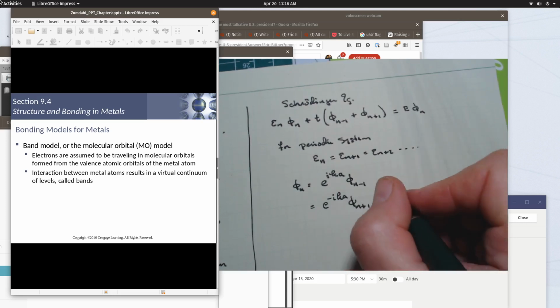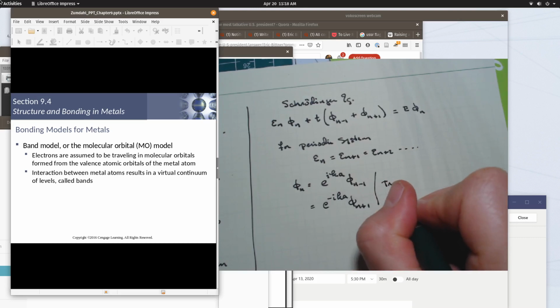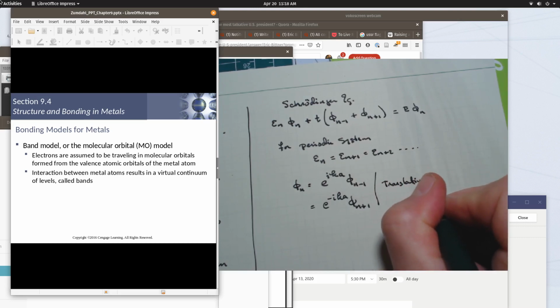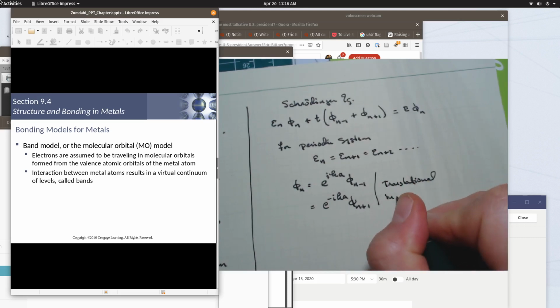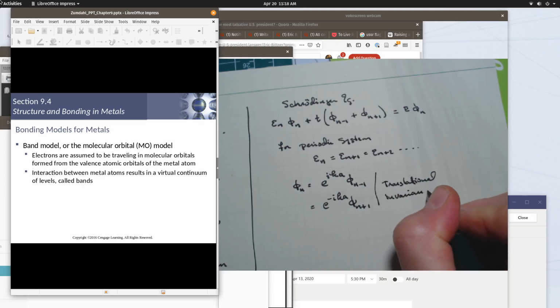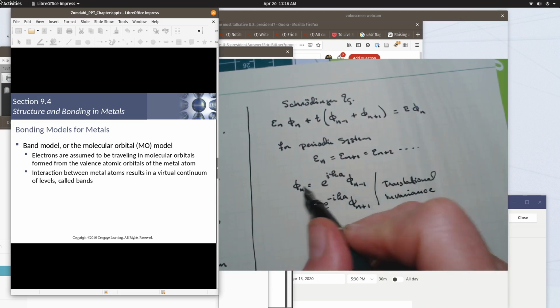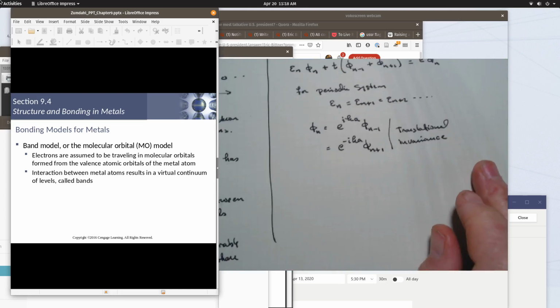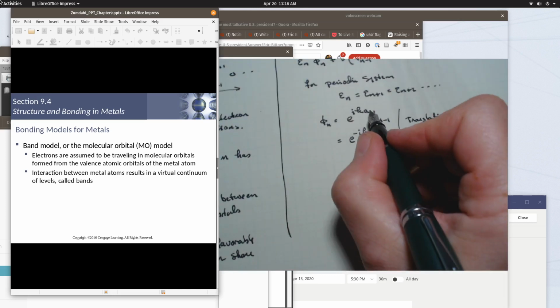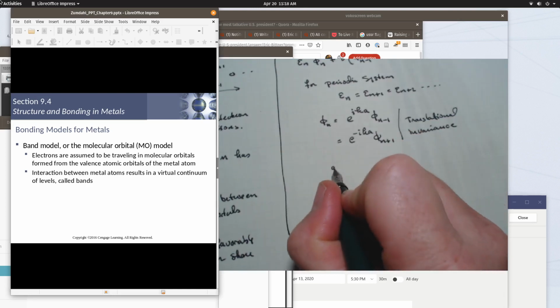So this is what's called translational invariance. I can relate the function at one site to the function at the other site. Okay, and a is the lattice spacing.